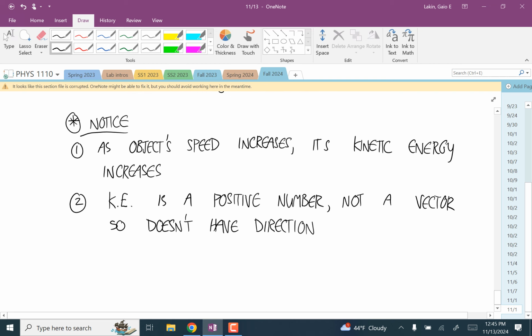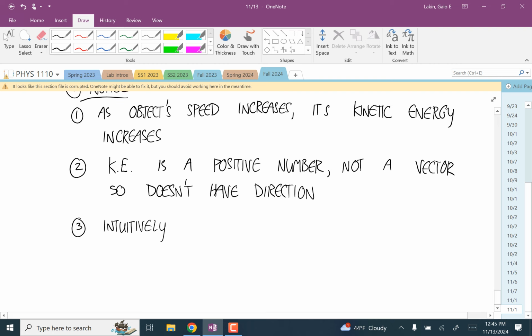And intuitively, you can think of kinetic energy as telling you how much it would hurt if the object hit you, okay? Or how hard it is to stop the object.